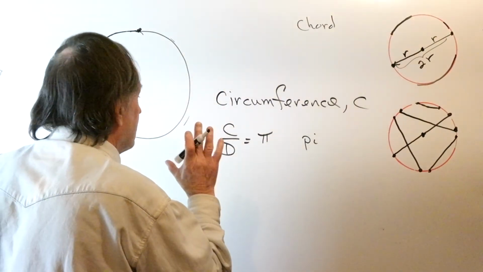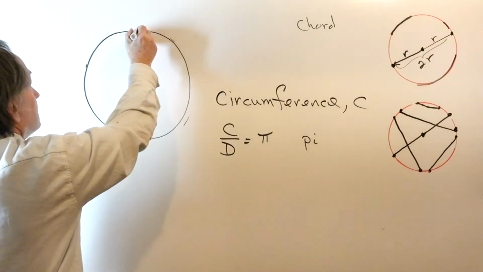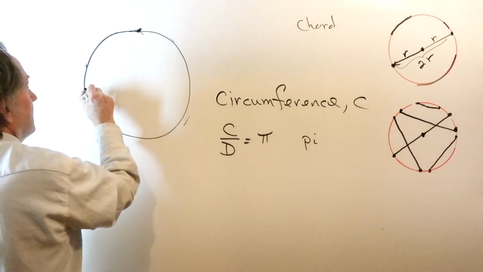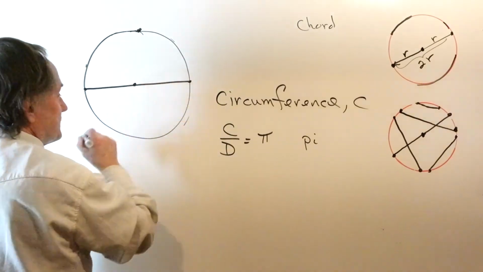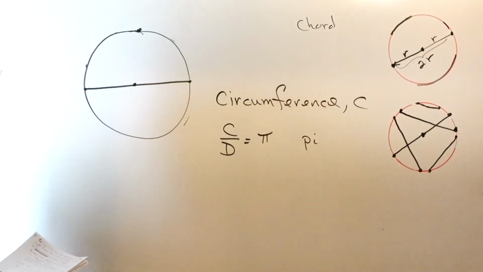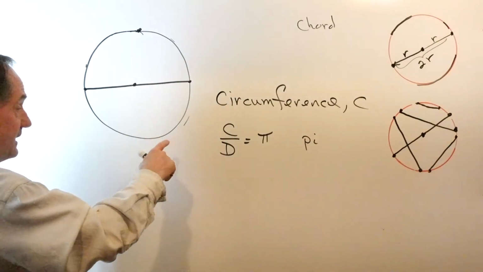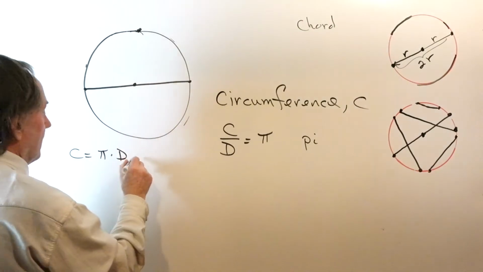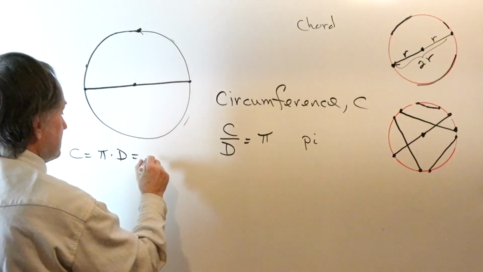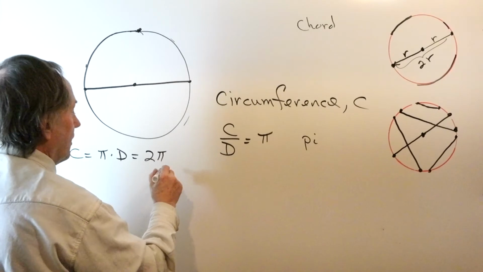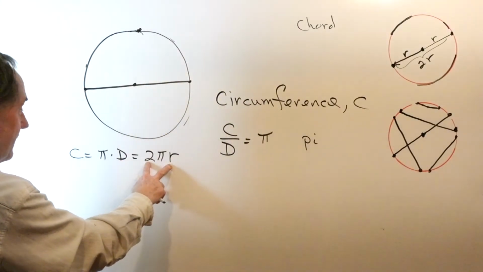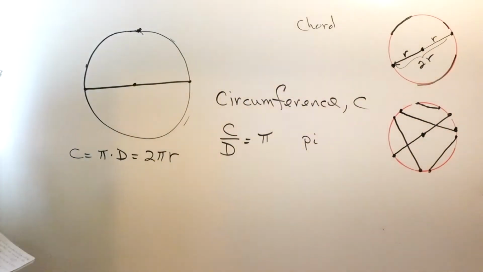If you measure the circumference around the circle and then divide by the diameter, you always get pi. Now, we can see that circumference is equal to pi times the diameter, and since the diameter is 2 radii, we can call it 2 pi r. So the circumference around the circle is 2 pi r.